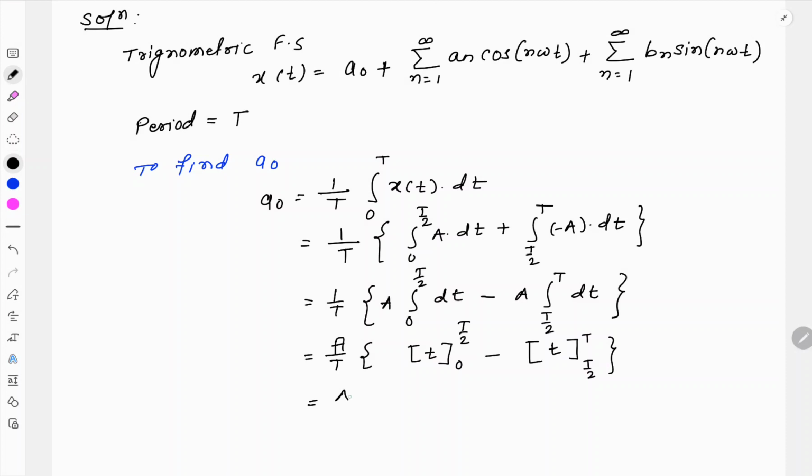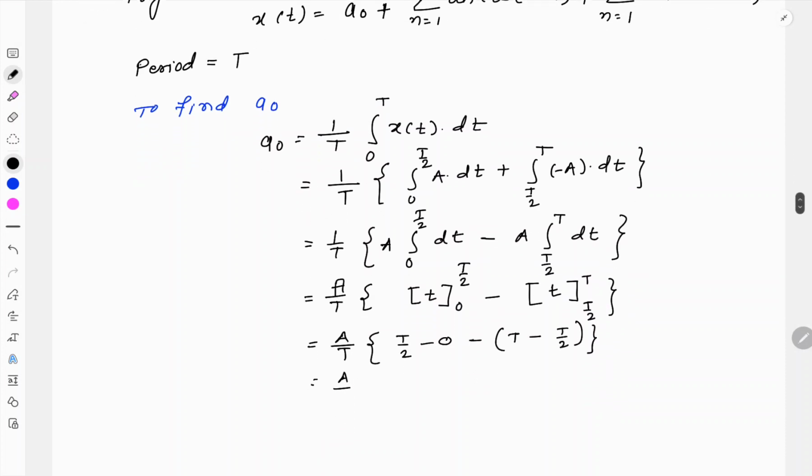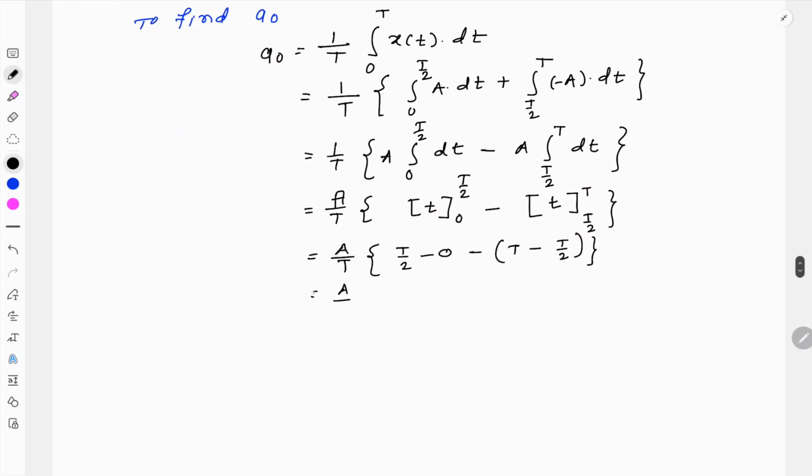If we simplify it now, A by T, here the upper limit is T by 2 minus 0, minus sign as it is. Now upper limit T minus lower limit T by 2. If we simplify it further, we get A by T, T by 2 minus T, this minus and this minus becomes plus T by 2.